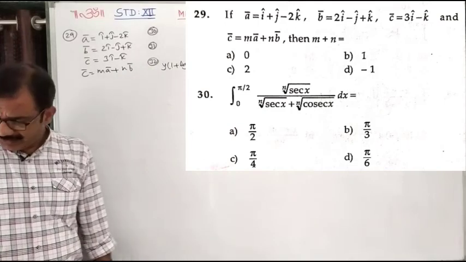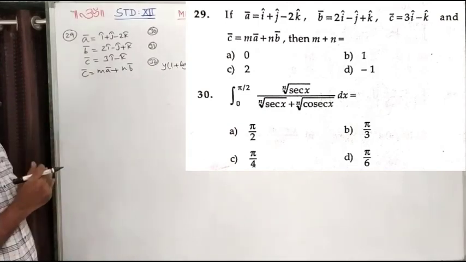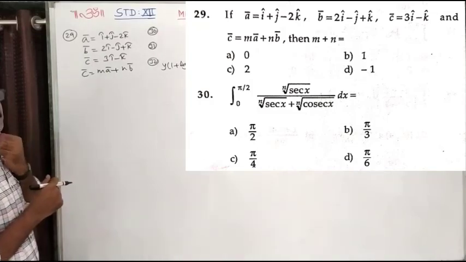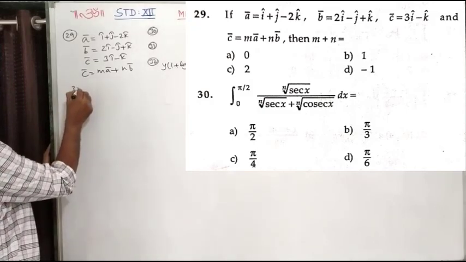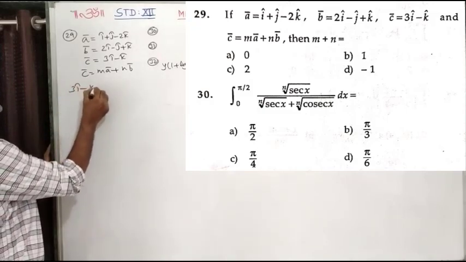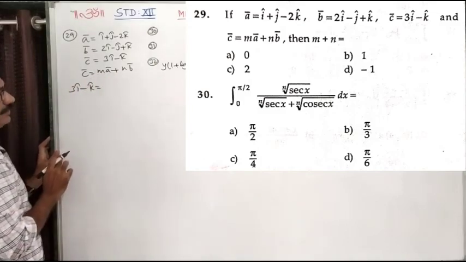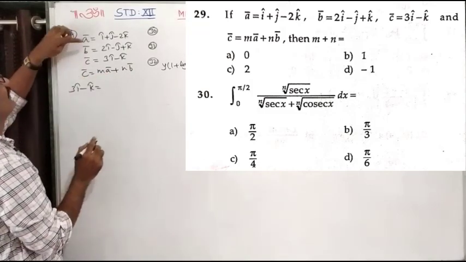See the question number 29. A bar, B bar, C bar are given and C bar is expressed like this. You have to find the value of m plus n. Just put the values: C bar equal to m a bar plus n b bar. Okay, we directly collect the values of i and j there.